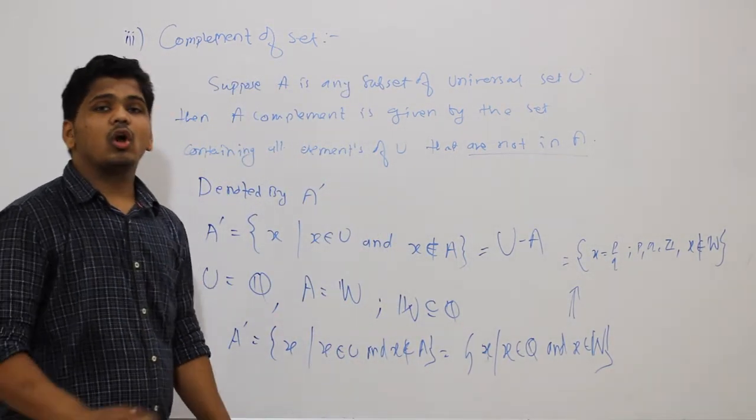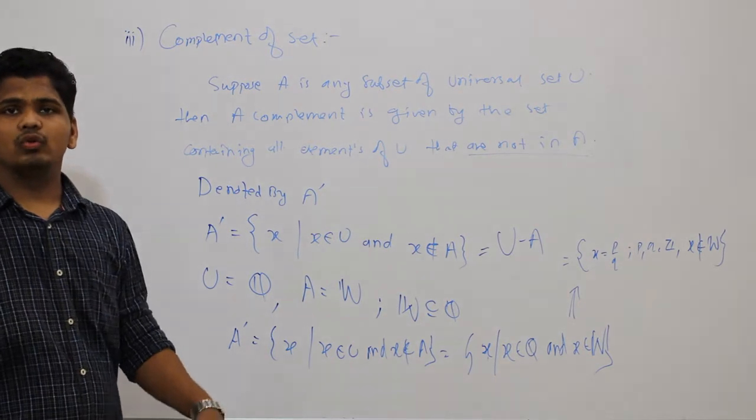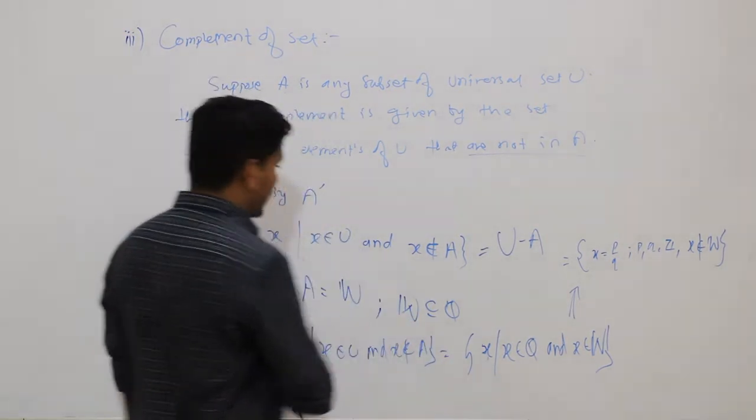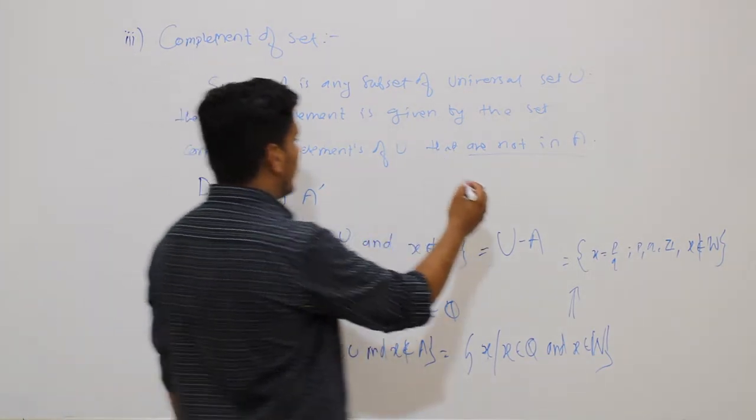You will not take 0, 1, 2, 3. Excepting these elements, you will take everything in your A complement. We will see it by Venn diagram.